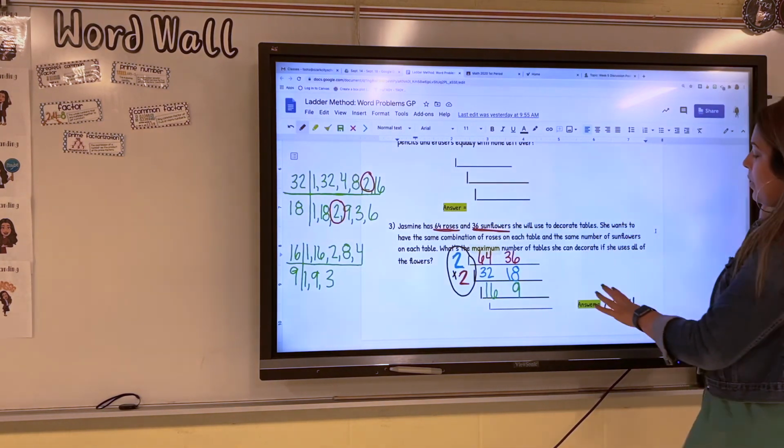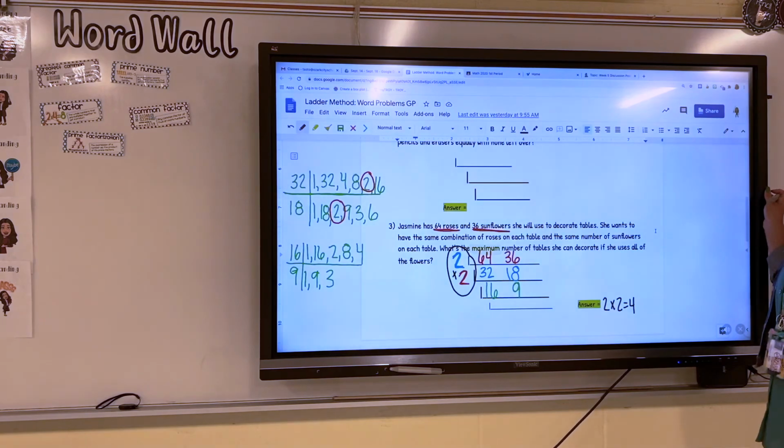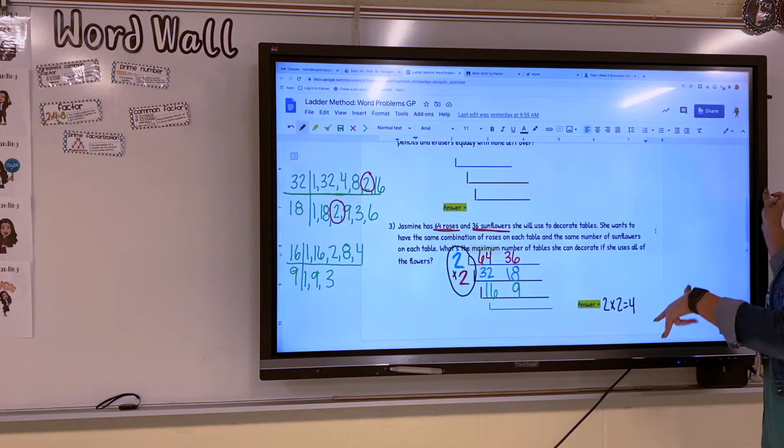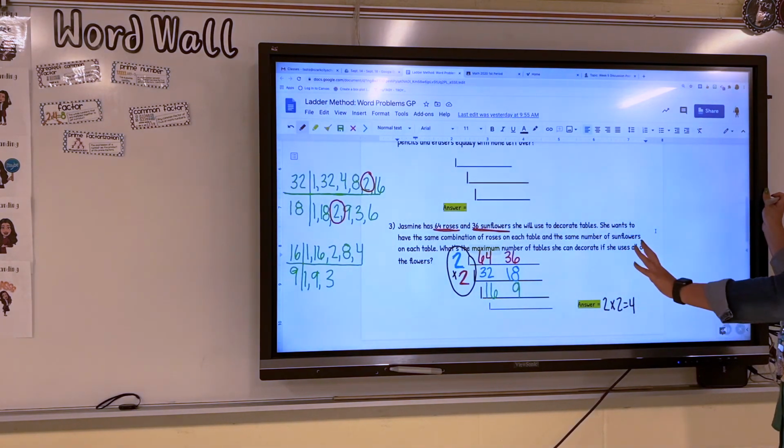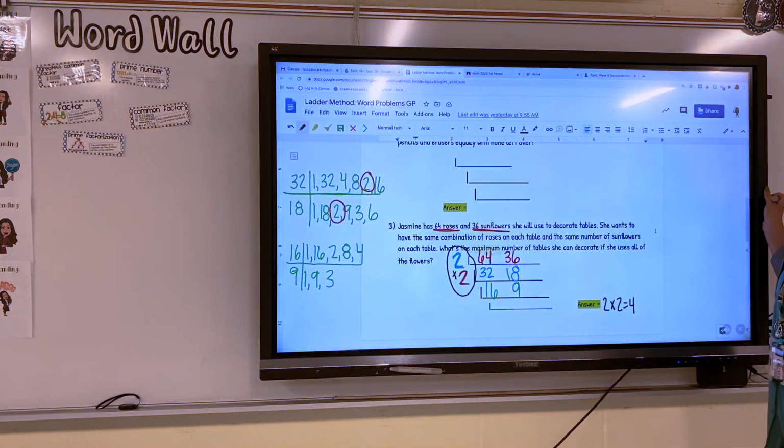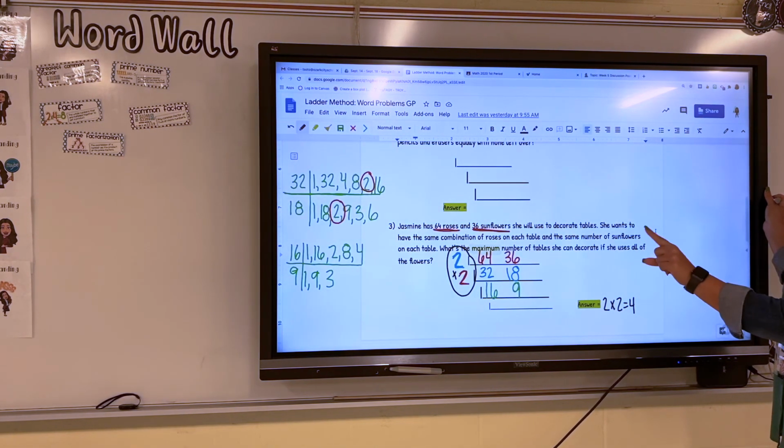Now remember, I'm writing it down over here, but I want y'all to put your statement here. If you're typing, it may move it down to the next page, and that's okay. But if you're writing this down, you can just write it in this general vicinity. So my statement is going to say, I'm going to reread the question. It says, what's the maximum number of tables she can decorate?